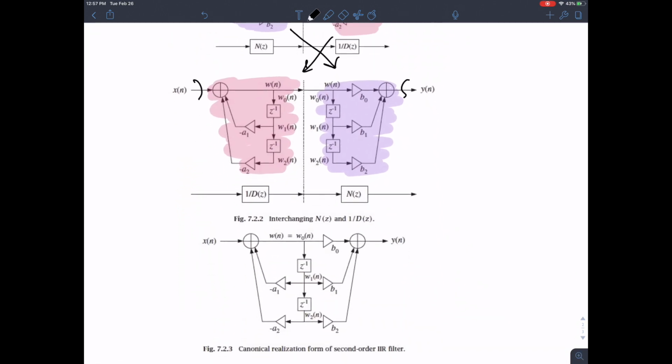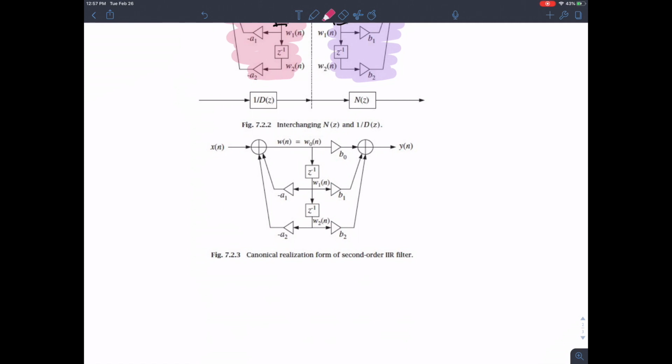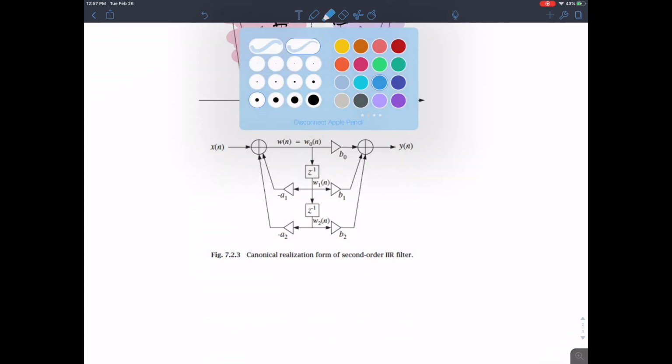What we notice at this point is that we have these two parallel paths, and if this is the signal w of n right here, it doesn't change if I move over. There's still w of n. So we notice that this path with these two delay lines, they're actually identical. So you can consolidate that into a single path, which is what's done with this step.